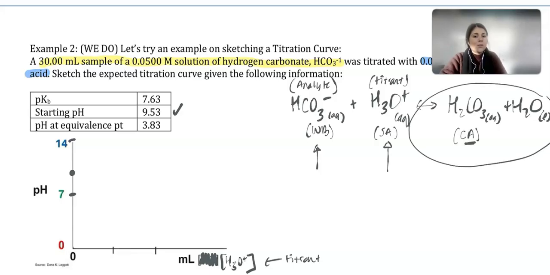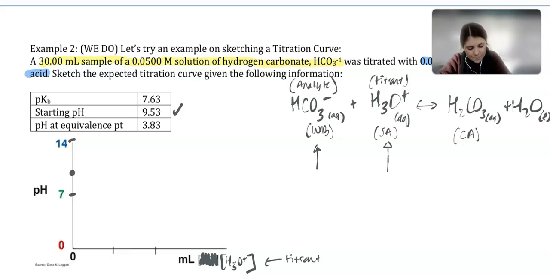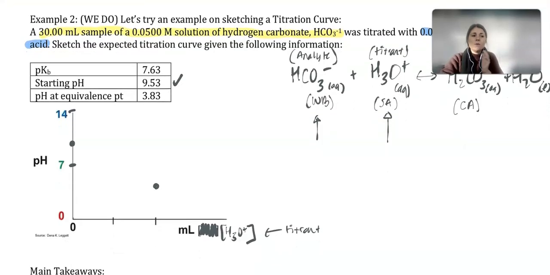Key word here, conjugate acid. Acidic things have a pH less than 7, so it makes sense that our equivalence point will be less than 7. So I'm going to say right around here is my equivalence point. I did not use the first line just because when it comes to a weak, strong titration, we are going to need to use the equivalence point, or half equivalence point, excuse me.